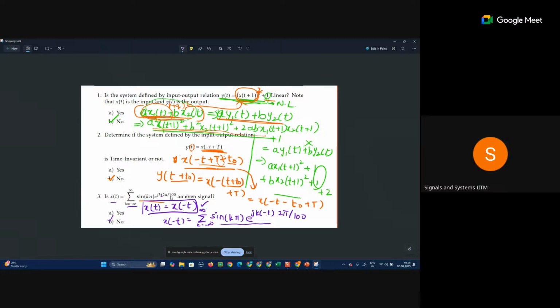No, because there is a 10 in the denominator. You can check the sine function, sine k pi multiplied by e to the power. We will put the k value simultaneously. If you put k to be 1, then it will be sine pi, that is 0. Then sine 2 pi is also 0. Sine minus 2 pi is also 0. So likewise 0 plus 0 plus 0 is giving us 0.